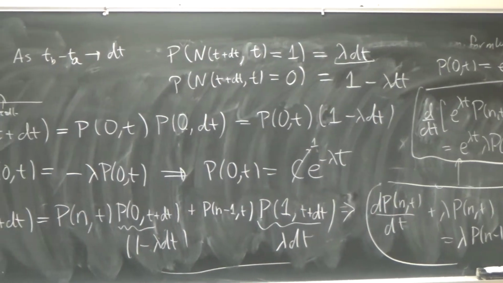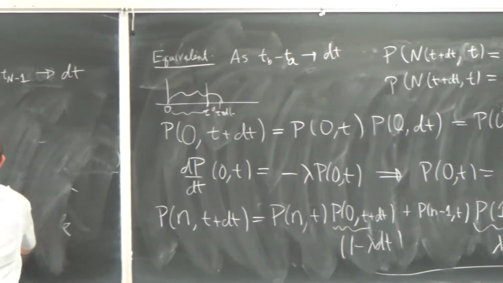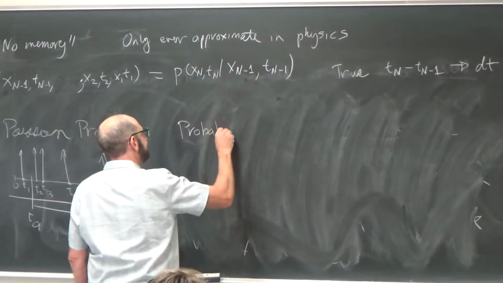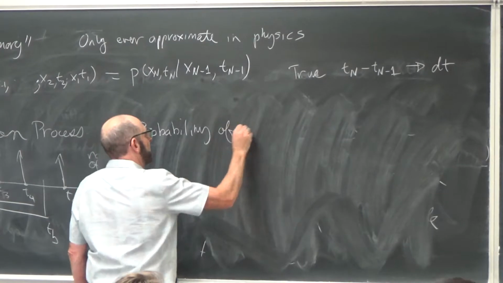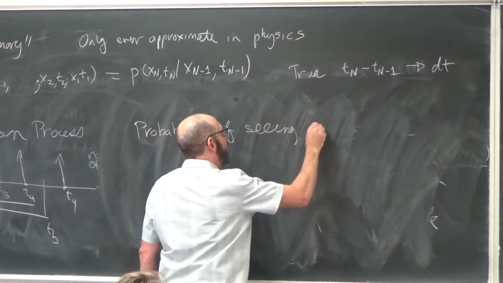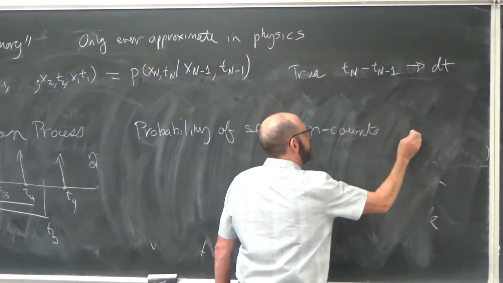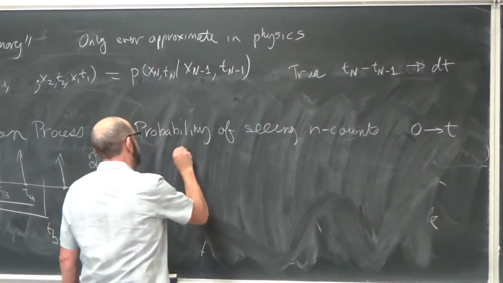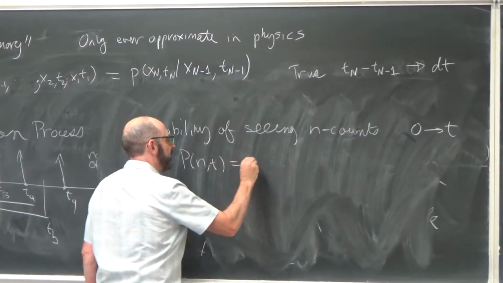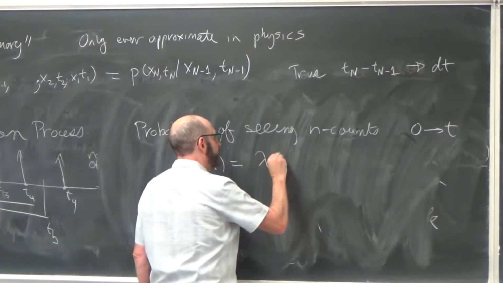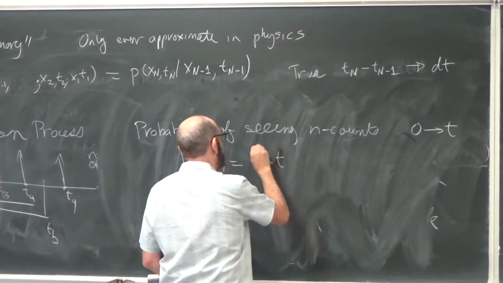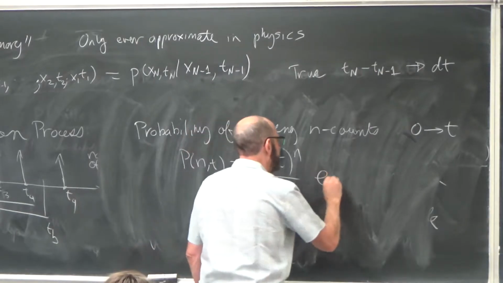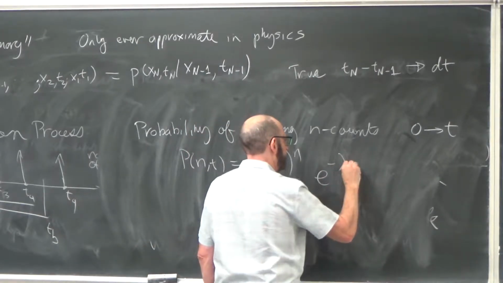So what we get from that is the probability of seeing n counts from 0 to t is equal to (lambda t) to the power n over n factorial, times e to the minus lambda t.